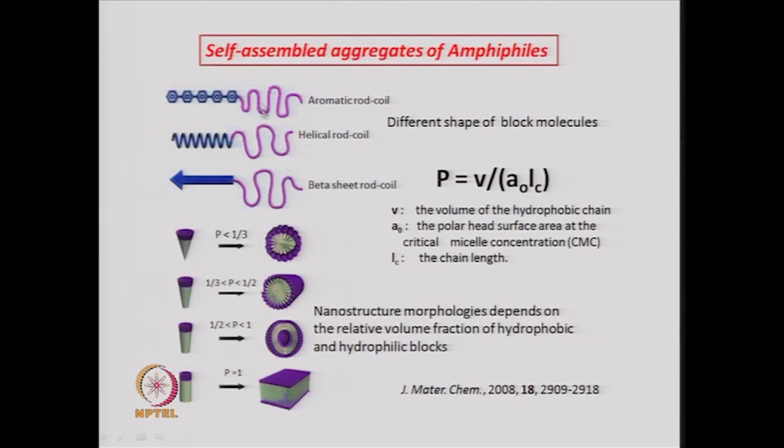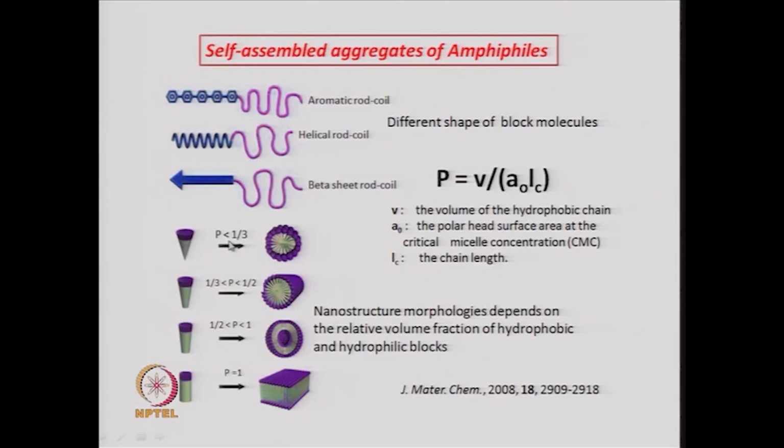The packing factor P is given by V, the volume of the hydrophobic chain, divided by A naught, the surface area of the polar head group, times L c, the chain length of the hydrophobic part. If you know these three factors, you can calculate P, and based on the value of P, the aggregate has a different structure.